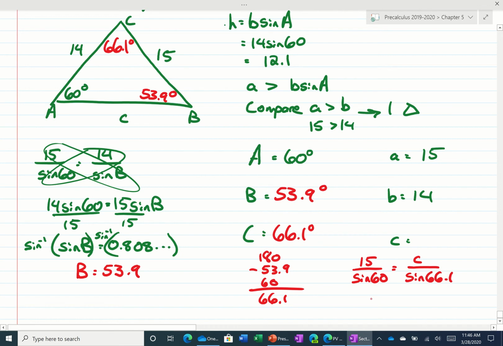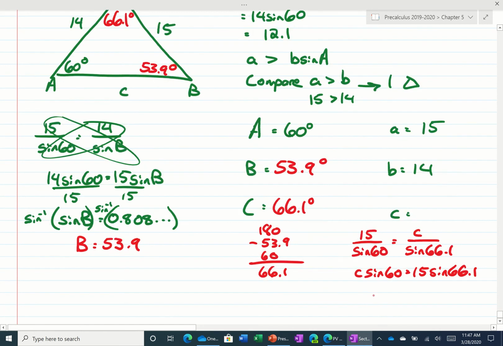And if we cross multiply and divide, C times the sine of 60 is equal to 15 times the sine of 66.1. And divide both sides by the sine of 60. 15 sine 66.1. Close the parentheses and then divide by sine of 60. My calculator's telling me side C is 15.8.